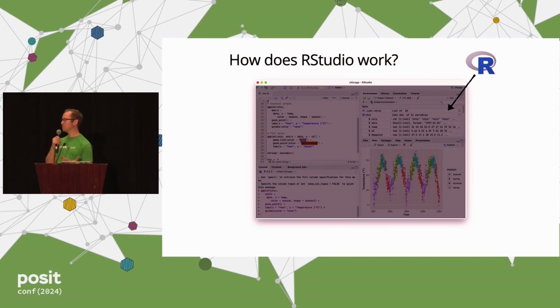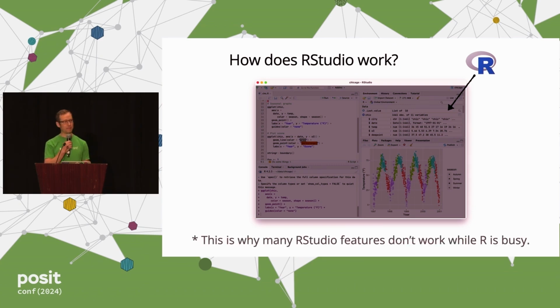It also takes care of saving files, serving up the HTML UI, and doing everything else. This, by the way, is why a lot of RStudio features are slow or don't work well while R is busy. The only other piece of RStudio is Electron, which runs as the Chrome outside the window.